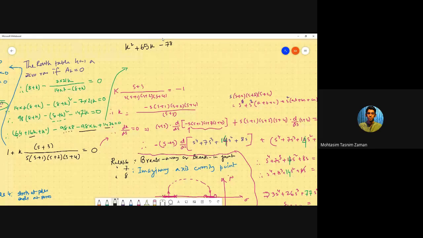Minus 720. Okay, ঠিক আছে 720. Then can you find out the values of k? Again you can use your calculator, no problem.